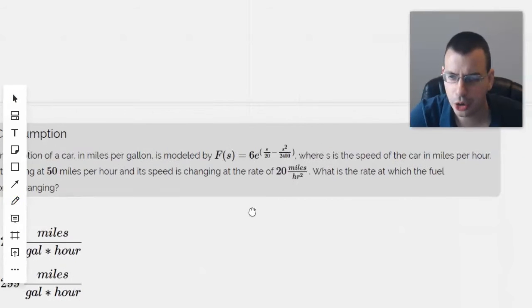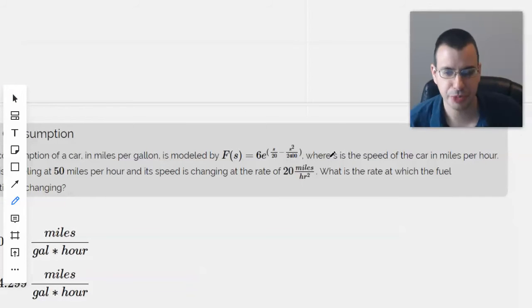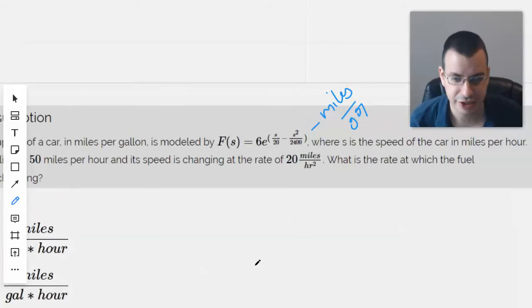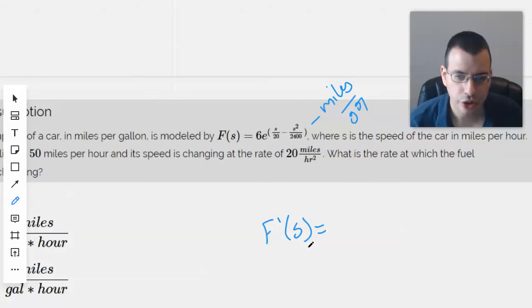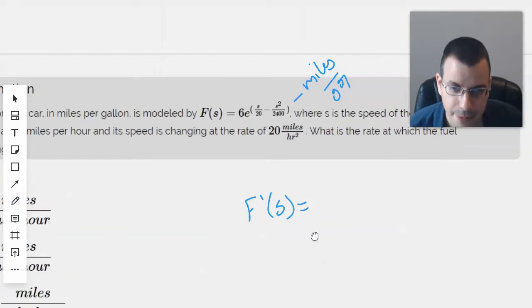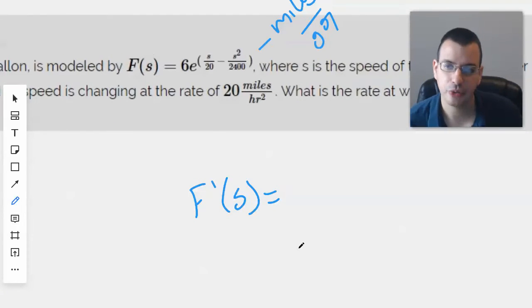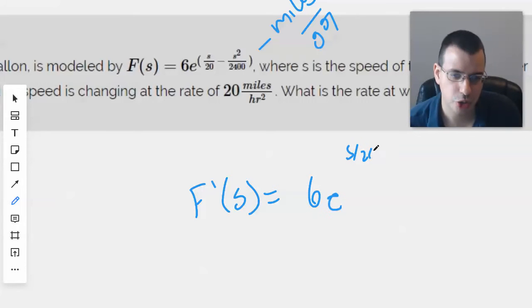We know up here this is miles per gallon, so we want to find the time derivative of this. I'm going to call it f prime of s, that way we will have miles per gallon per hour. So rewrite this real quick: 6e^(s/20 - s²/2400).